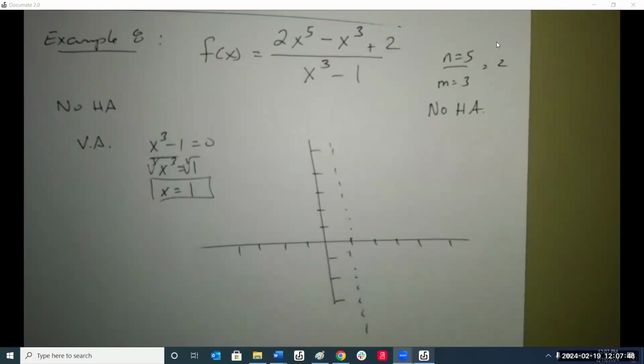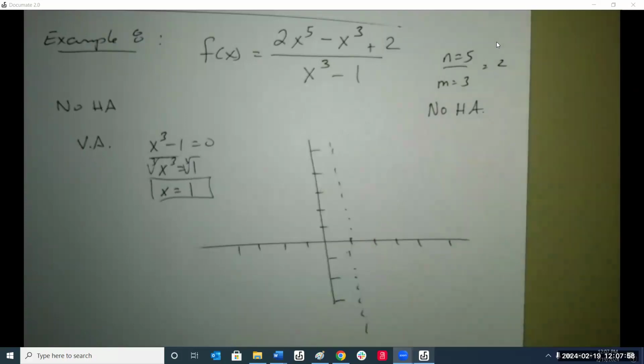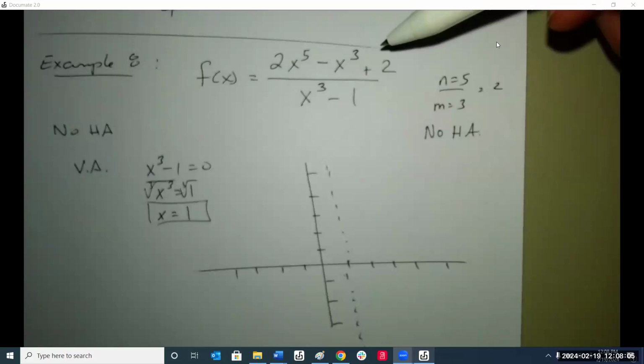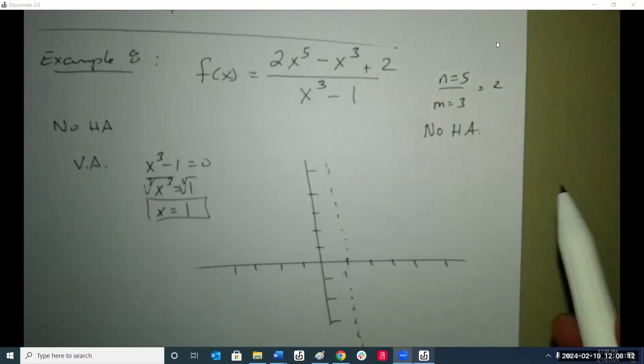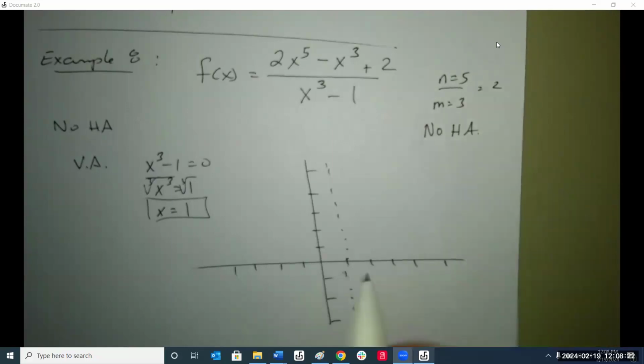All right, let's see what we do here. Do we have any x-intercepts? Since it's cubic, let's see, I'm going to plug in some points.